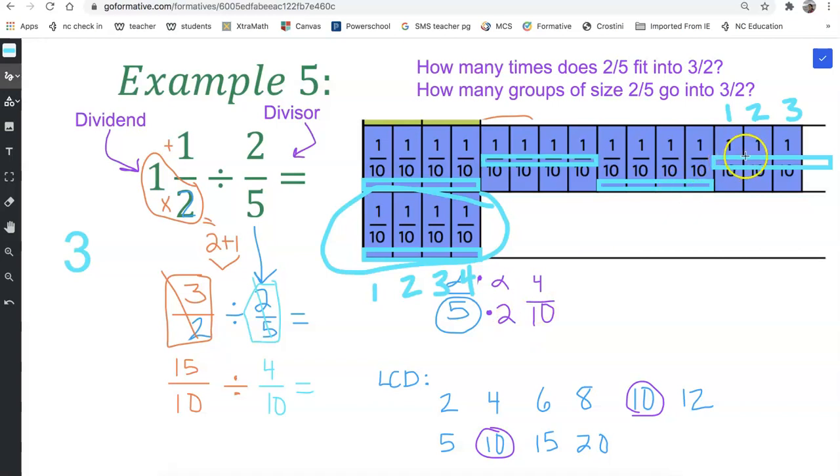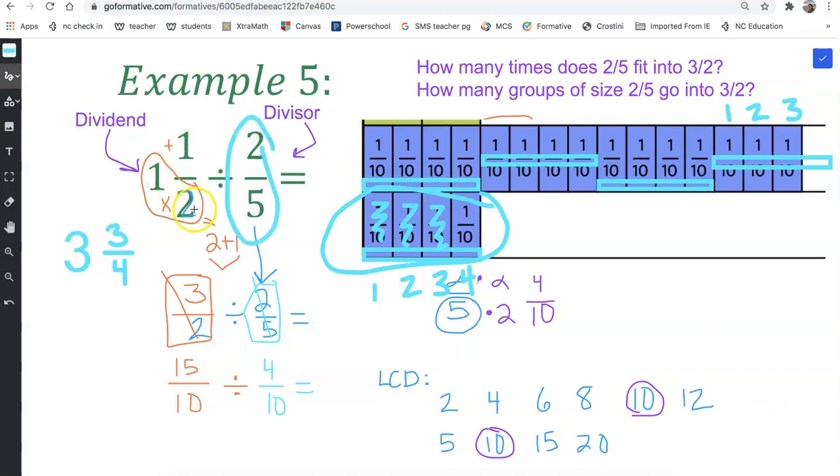So I have 3/10 out of the 4/10 that I need to make another group. If I colored it in, I have 1, 2, 3 out of the 4 pieces I need to form another group. So the extra fraction that I have is 3 pieces out of the 4 pieces that I need from this group.